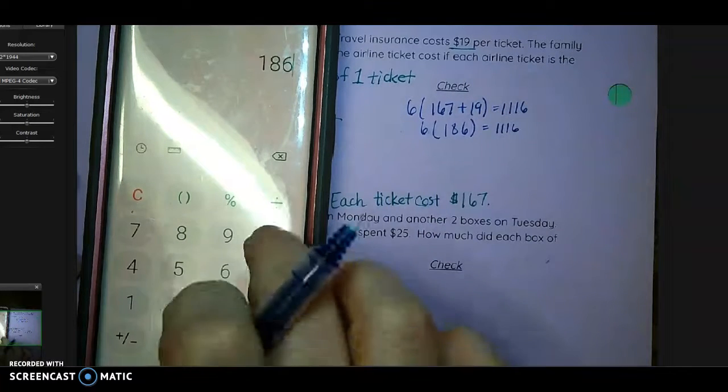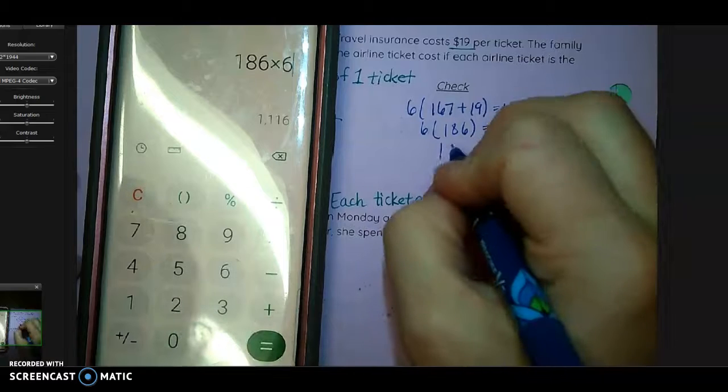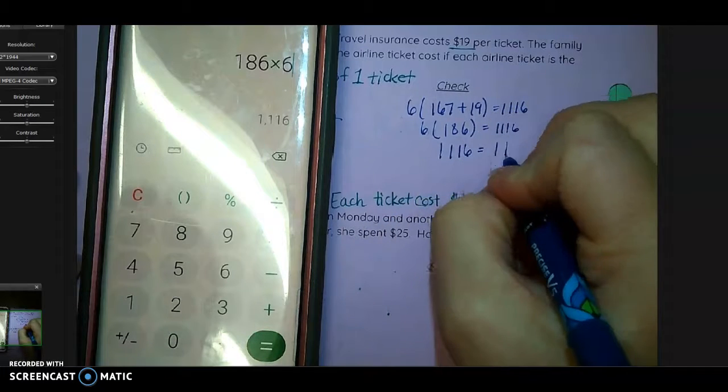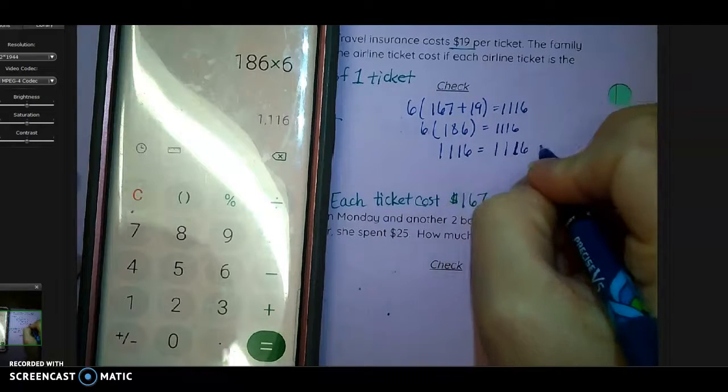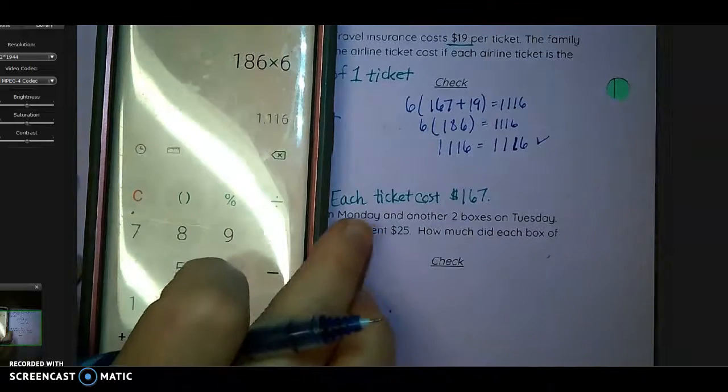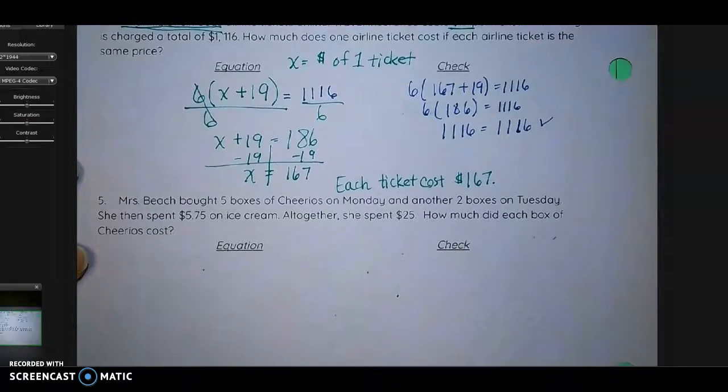And then I'm going to multiply that times 6. And I get 1,116 is equal to 1,116, which is a true statement. So I know I have the right answer.